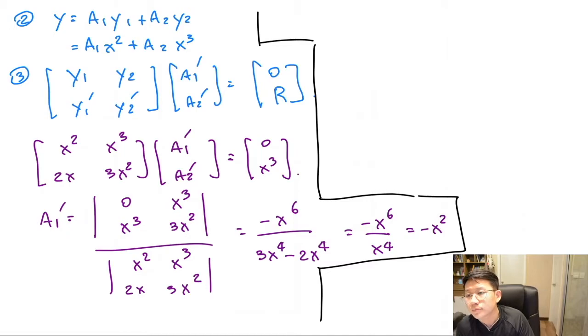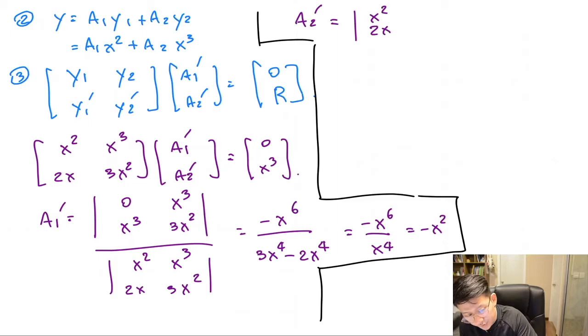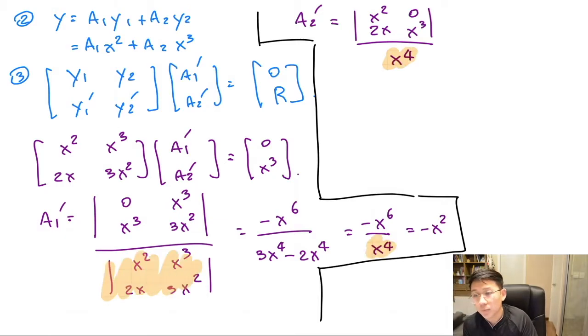Okay? And a2 prime is, what is it? It would be x squared, x, 0, x cubed divided by x to the 4. Because here it's the same. It's always the same, so you don't need to compute it again. So here you have x to the 5 divided by x to the 4, which is x.